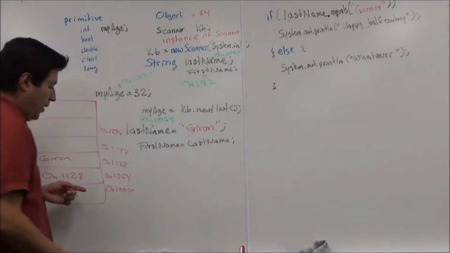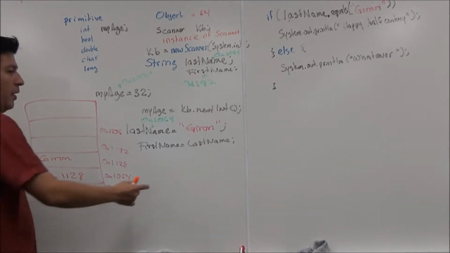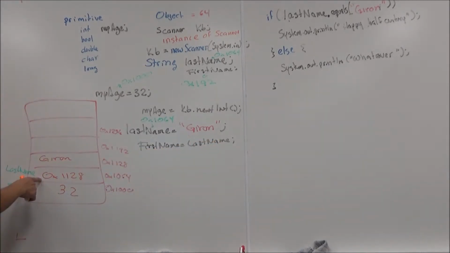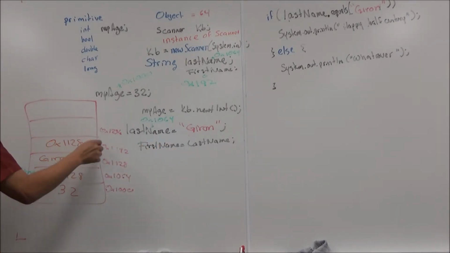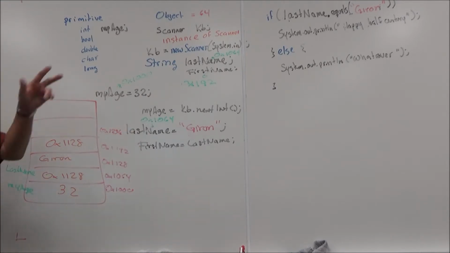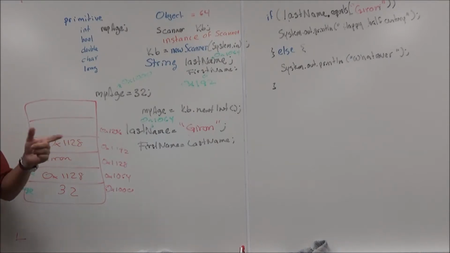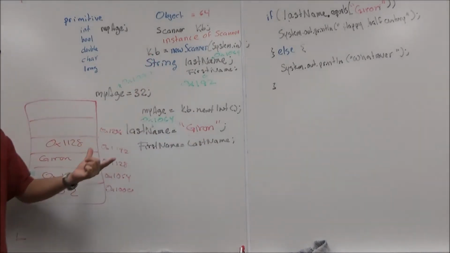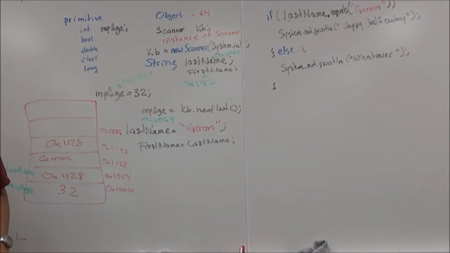So when I compare here, whatever the value of last name is, 1128, I put it in first name, so both are pointing to the same thing, the exact same name. There are no two separate names in memory. They're pointing to the same one. Any questions here?